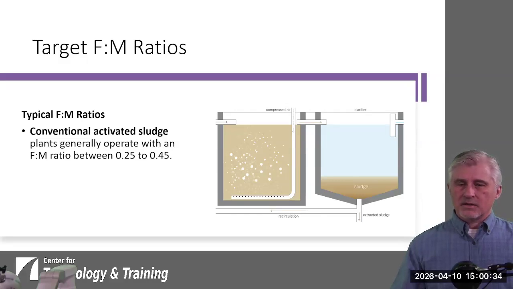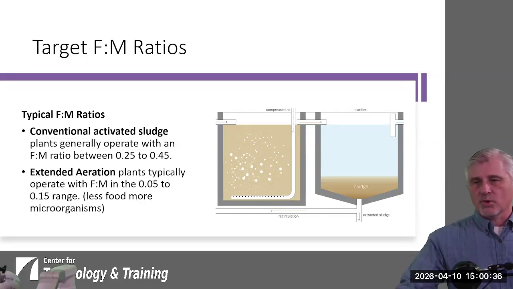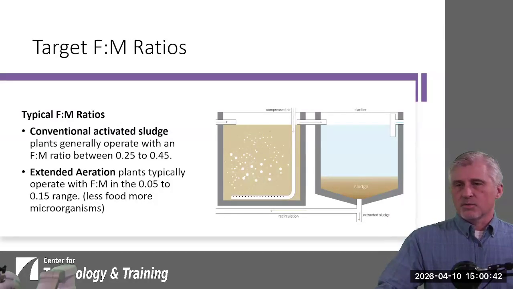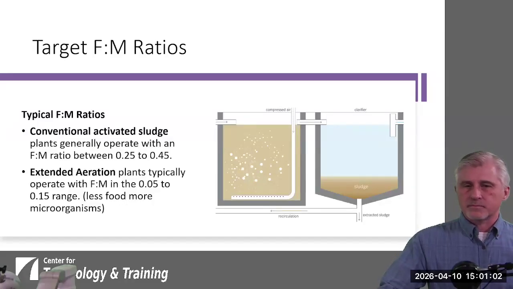Extended aeration plants usually operate with a ratio of 0.05 to 0.15. So they've got less food, but they've got more microorganisms. And that's because, as you notice, the number is lower, which means that we're dividing by a higher number, or we have a smaller number on top.